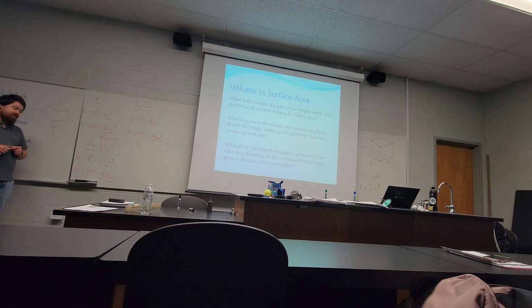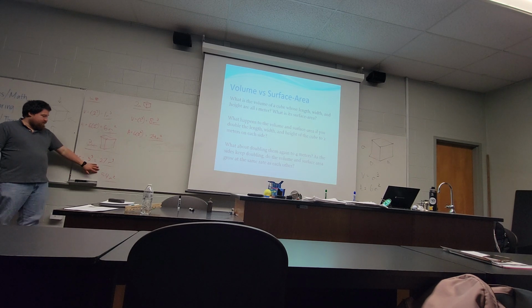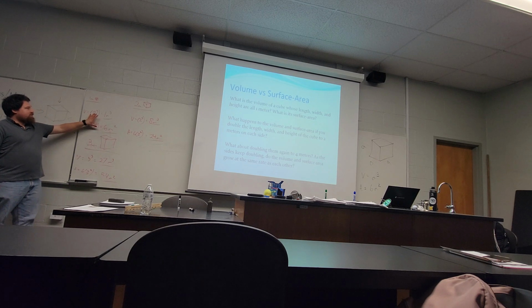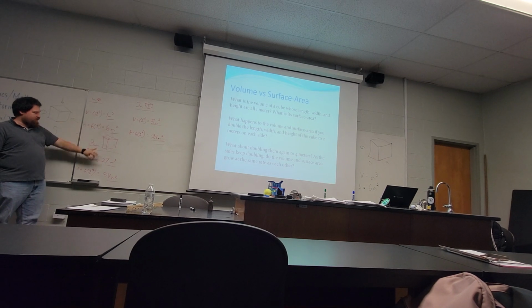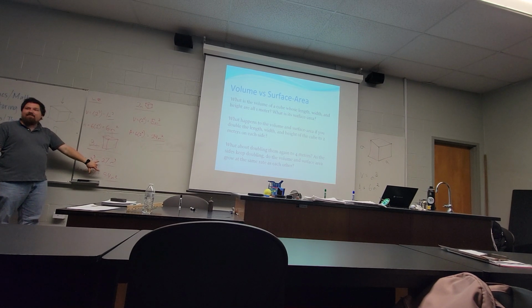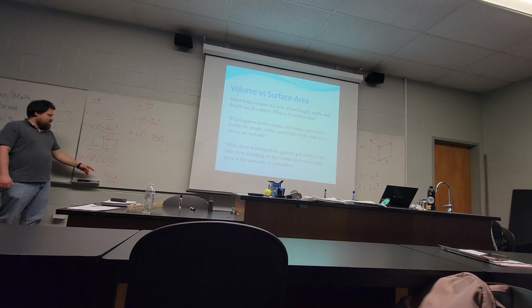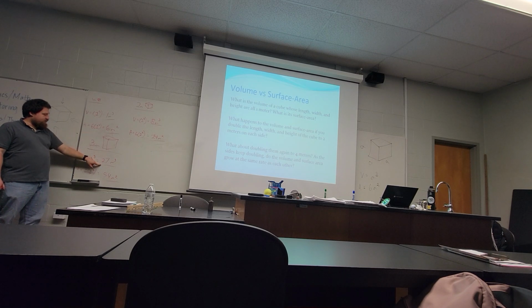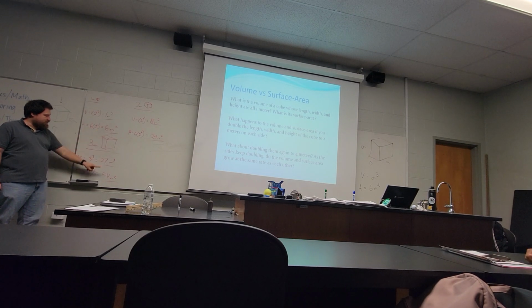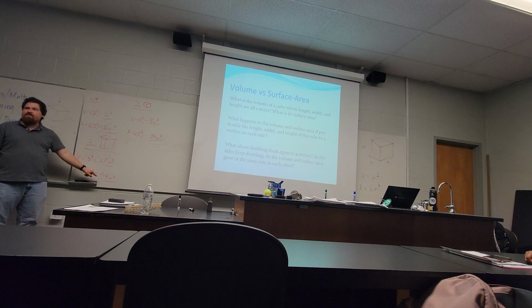Thank you, guys. So, they both grew again, but again at different rates. Previously, the volume has always been a lot smaller, but now it's caught up to about half the number. The volume grew exponentially once again. This is 27 times the volume, whereas this is only 9 times the surface area.